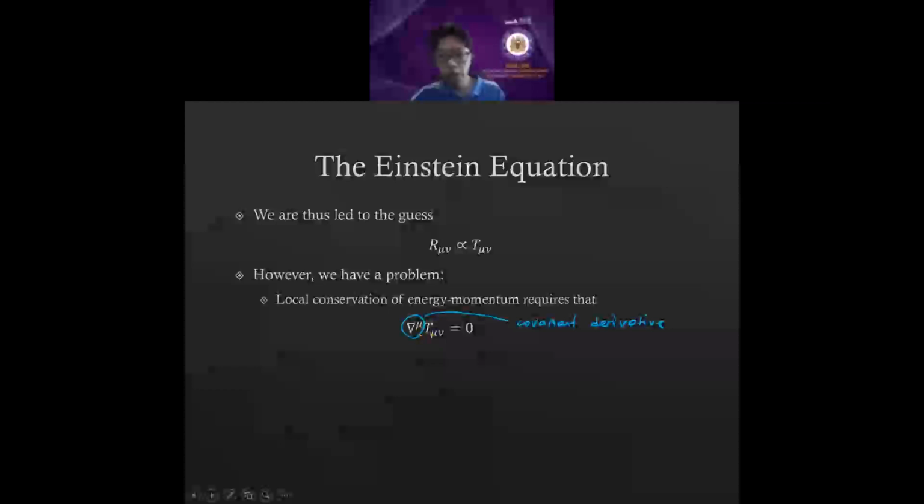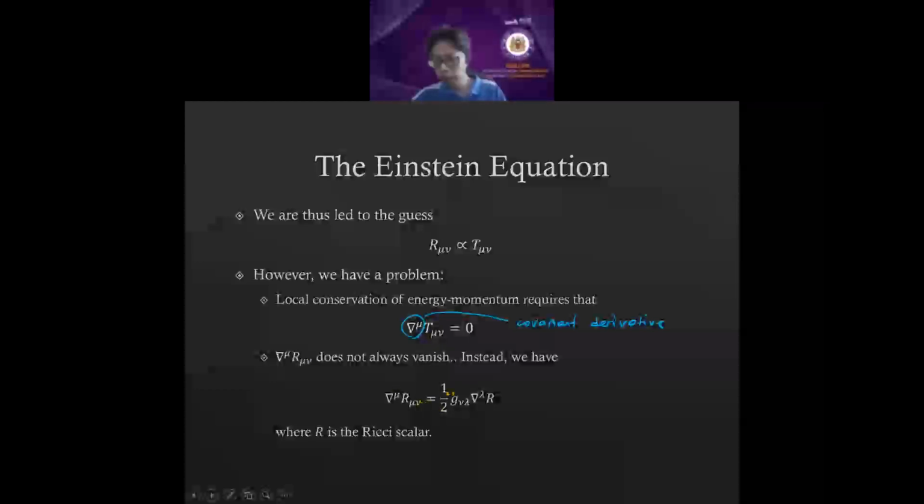So the covariant derivative of the stress energy tensor must vanish. However, if we consider the covariant derivative of the Ricci tensor, it is not equal to 0. Instead, it is given by this quantity. The R is yet another quantity that I did not introduce.